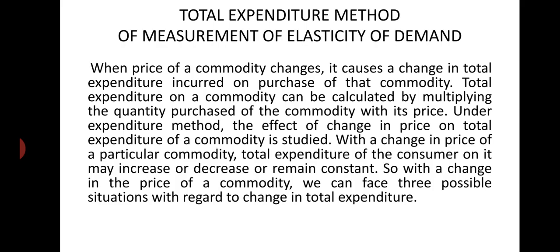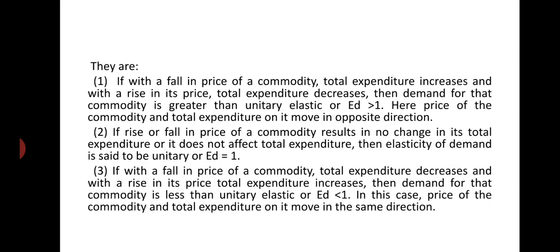Number one: if with a fall in the price of a commodity, total expenditure increases, and with a rise in the price, total expenditure decreases, then demand for that commodity is greater than unitary elastic, or ED is greater than 1. Here, price of the commodity and total expenditure on it move in opposite direction.